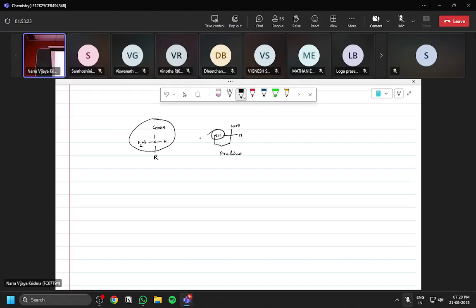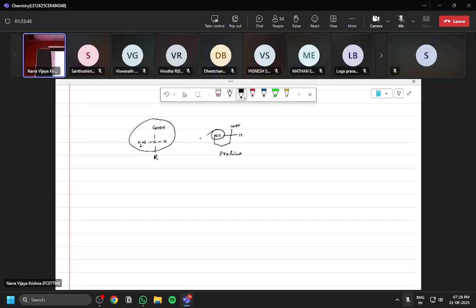If that R is hydrogen, glycine, the only non-optically active amino acid. If that is methyl, alanine. If it is isopropyl, valine. If it is isobutyl, leucine.